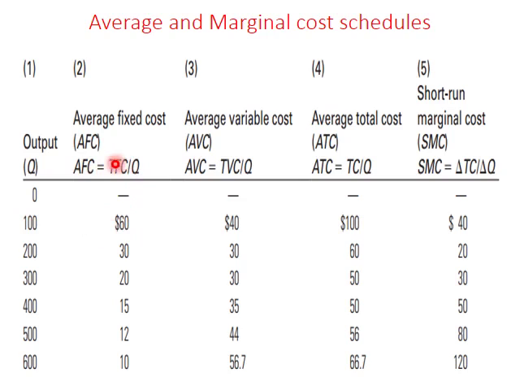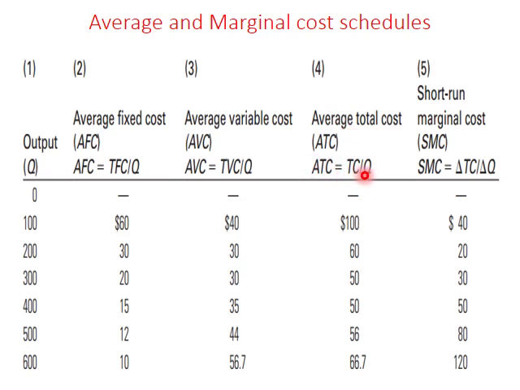So when we multiply 100 with 60, the total fixed cost will be 6,000. And the average variable cost is given as like this. Here is the average variable cost. We can get the total variable cost by multiplying average variable cost with the quantity. And average total cost is equal to average fixed cost plus average variable cost.